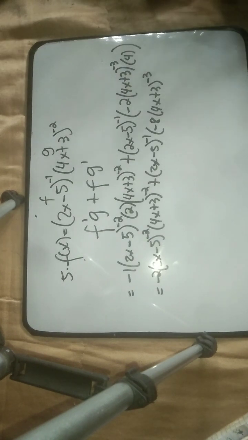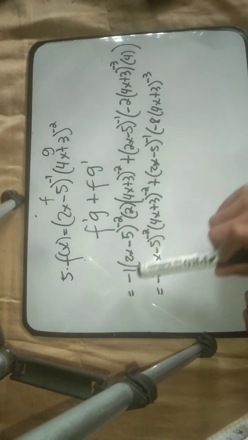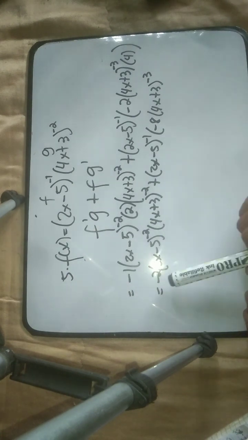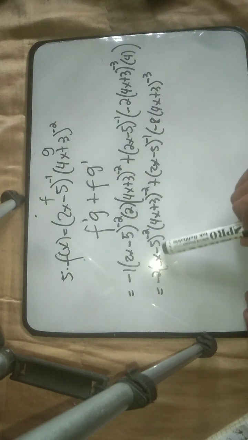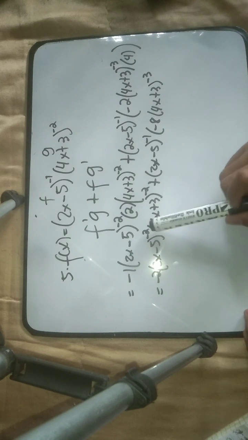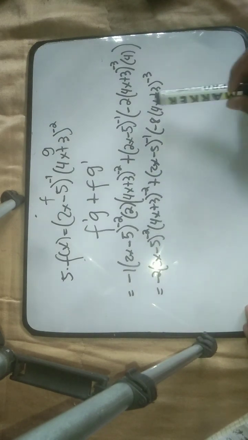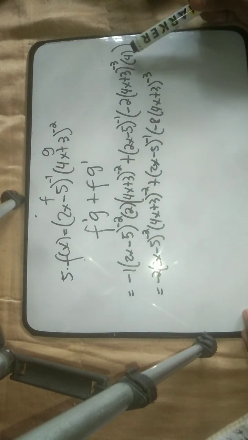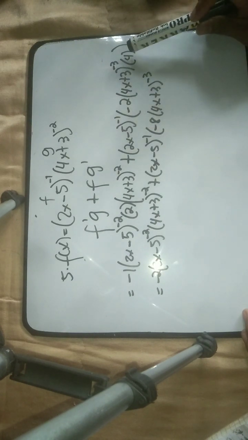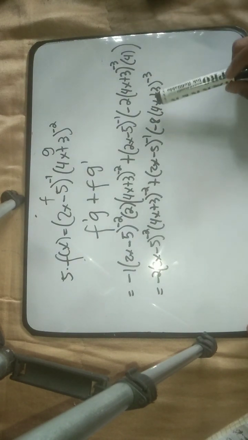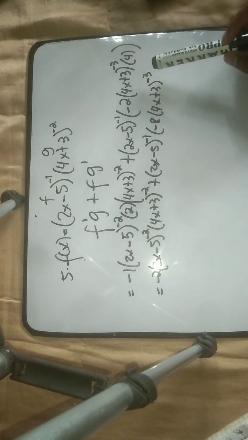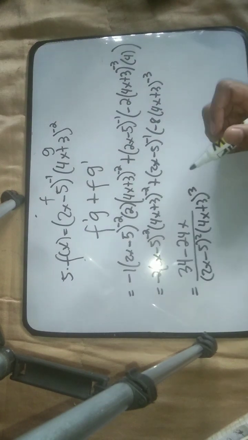So to simplify this expression, we need to multiply this negative 1 value times 2 to get negative 2 times 2x minus 5 raised to the power of negative 2. Then this one also, negative 2 times 4, we get negative 8 times 4x plus 3 raised to the power of negative 3.